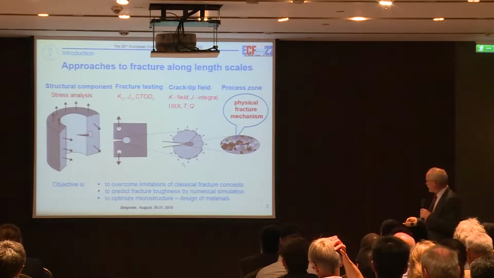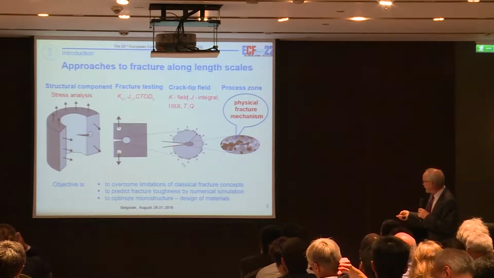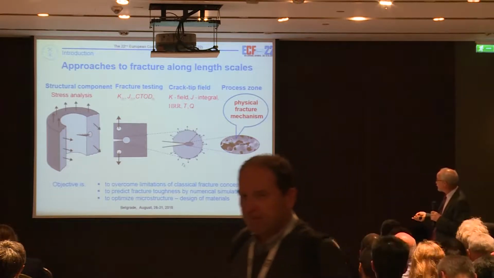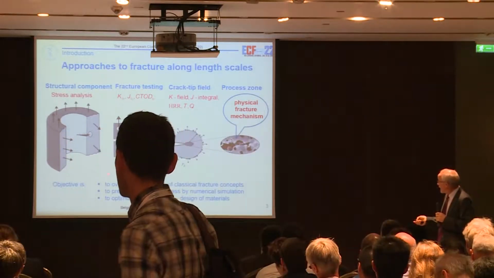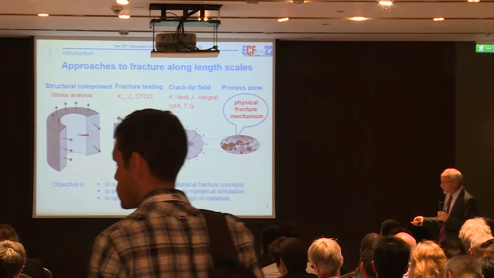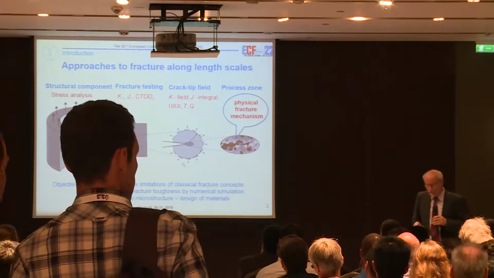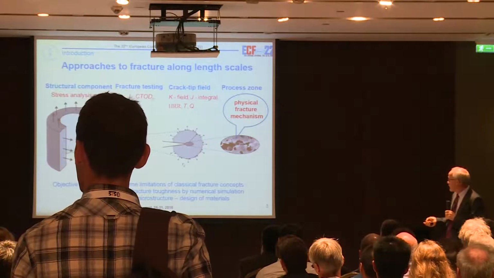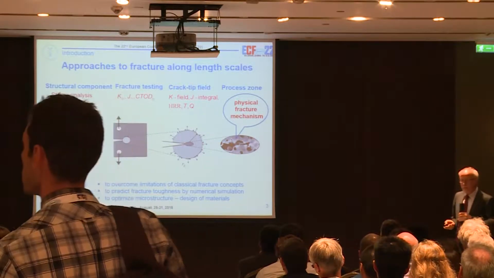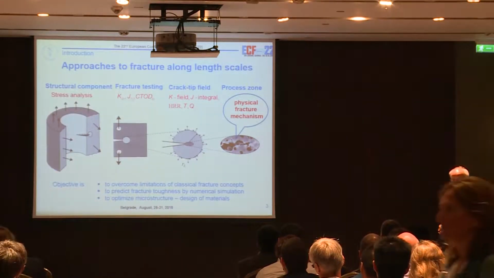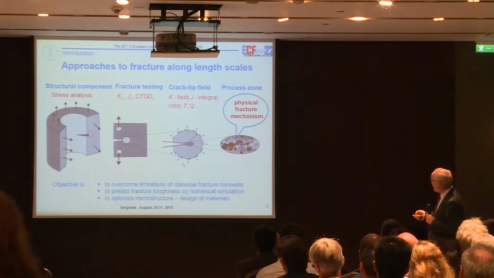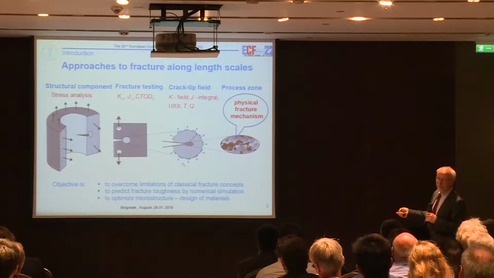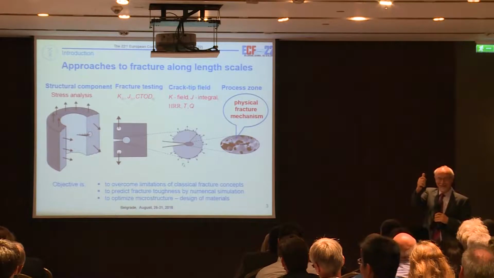And this autonomy of the fracture process zone allows us to transfer results from the specimen to the structure and vice versa. In all these continuum approaches, the process zone is only a black box. It is compressed into such toughness values in one figure.